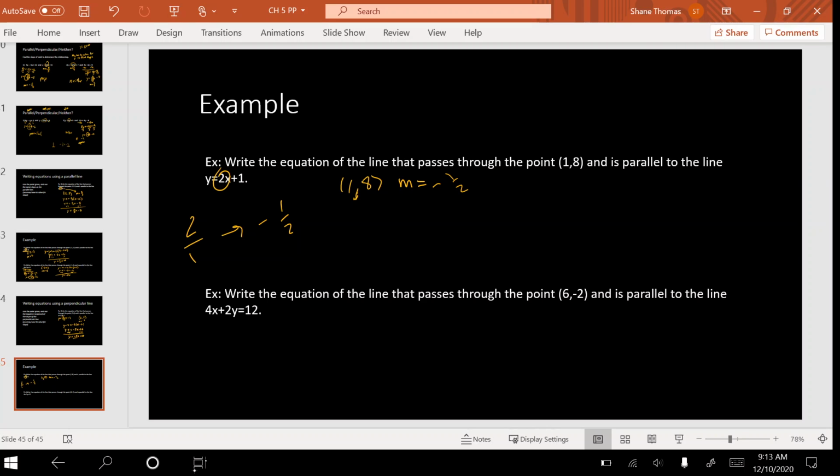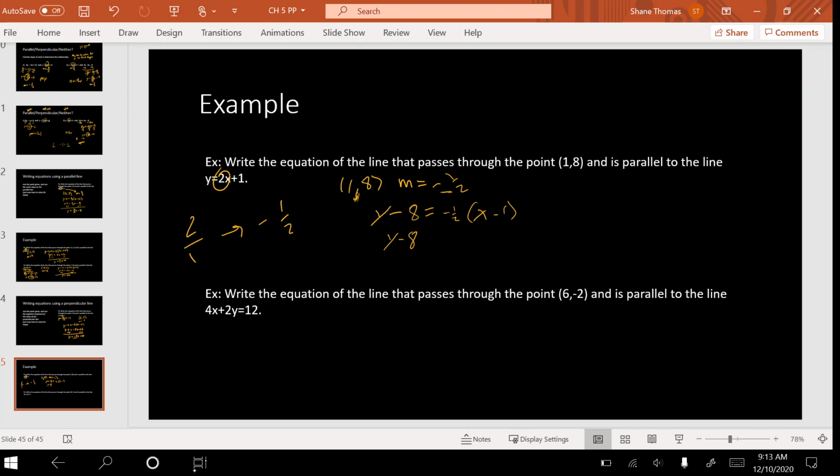Okay, so plug it into point-slope. I'm going to have y minus, what's my y term? Okay, equals my slope, which is right here, -1/2 times x minus, what's my x term? 1. Okay, so I distribute the right side.